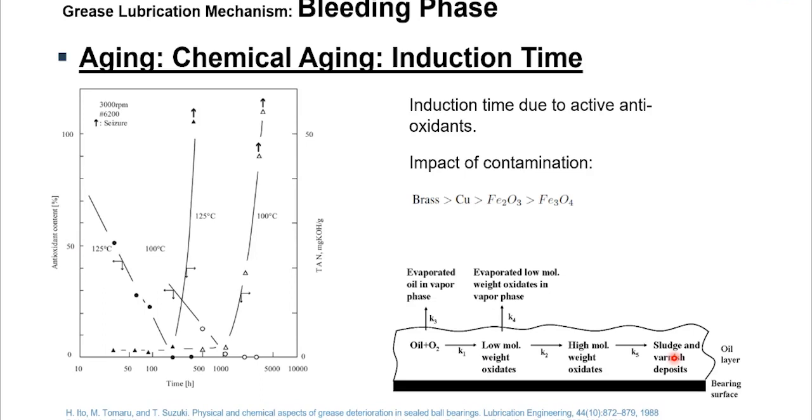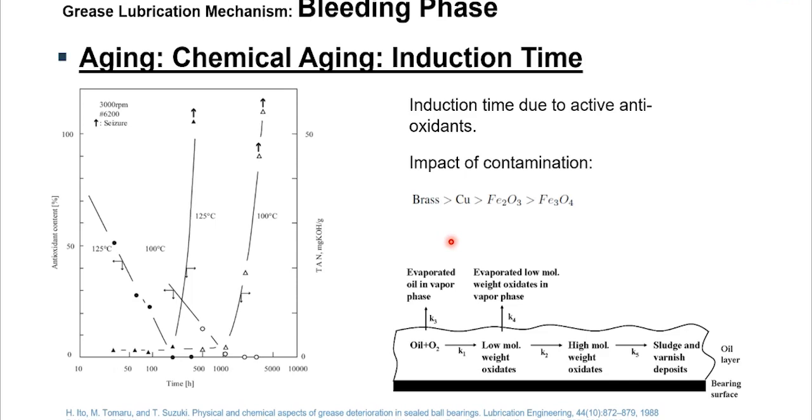So this particular step, K1, will definitely define the rate of the oxidation. If you have a higher antioxidant concentration, you can delay this process and also delay the onset of the oxidation. In the same way, the wear particles also have an influence on the rate of oxidation, because these wear particles can act as a catalyst for the process of oxidation.